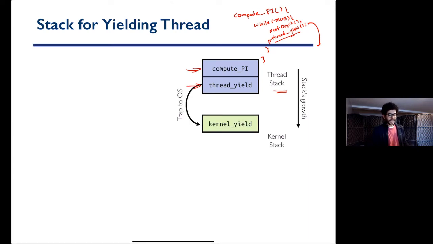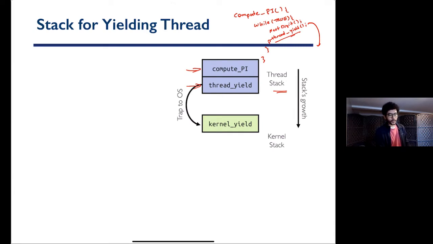So at this point, I'm going to trap. The system library that I'm using, let's say POSIX pthread, is going to call the trap, which is a system call, and then we're going to call the kernel yield function.